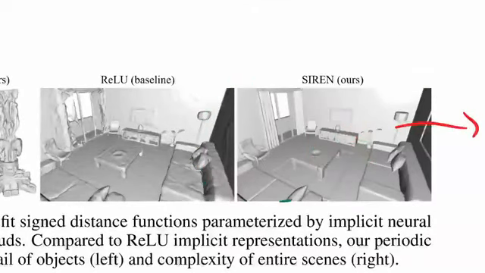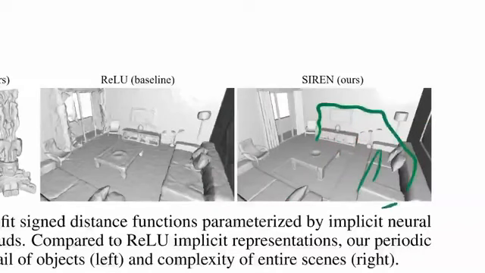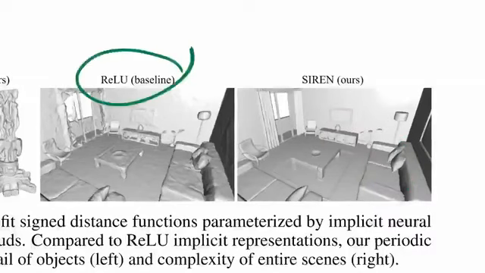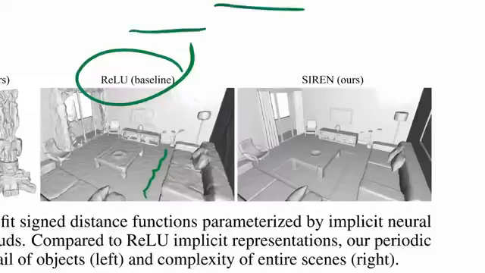So the entire neural network, this whole structure right here, everything is captured by this neural network that we train on the point cloud. And you can see that if you use a ReLU, what you'll get is super wobbly, because even if you train the ReLU with the same loss function, these constraints on the gradients are just not going to work out with the ReLU, because the gradients are constant and discontinuous, right?